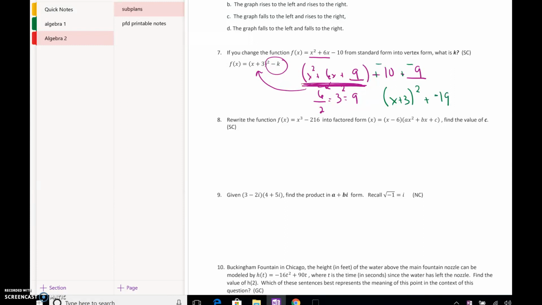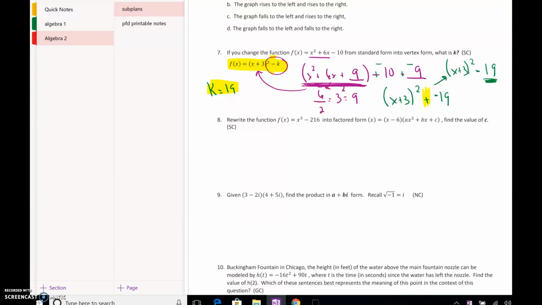Now the difference is the problem wants it as minus and I have it as plus. So if I basically went through and unadded the opposite, this would be x plus 3 squared minus 19. And this then would be 19 as my answer. K is 19. So be careful when you get your final answer, look at the original problem and look at how it was set up. Because here it's minus k, so it's minus 19, and that's what makes k 19.